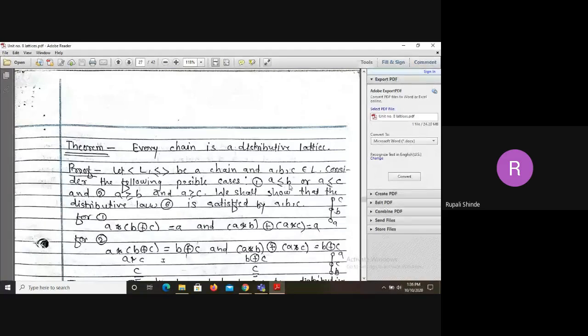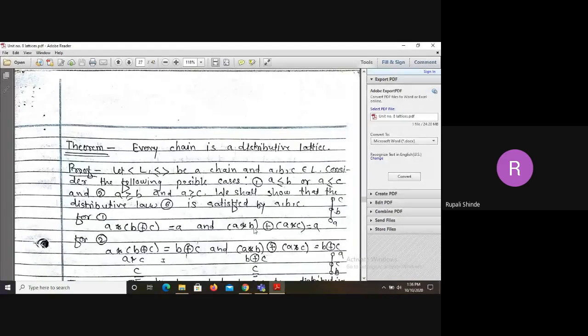So let us take the first case, that is A is less than or equal to B and A is less than or equal to C. That case is given here as A, B, C. This is the sequence of elements and here A is the least element because A is less than or equal to B and A is less than or equal to C. This is the diagram for our first case.